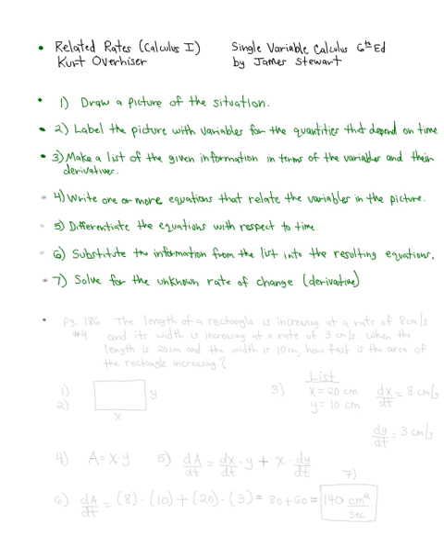For example, if you have a triangle that's expanding, then the height and the area would all be quantities that depend on time. In the previous step, I told you that you could label h for height, and as the height is increasing as time goes on, then you'll want to put a dh dt, which represents the derivative of height with respect to time, and then you can put a number for that into your list.